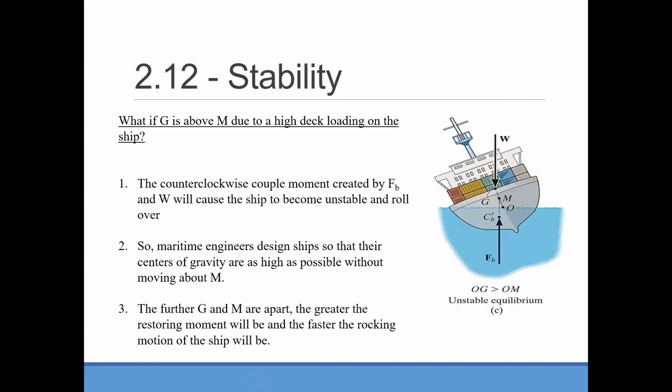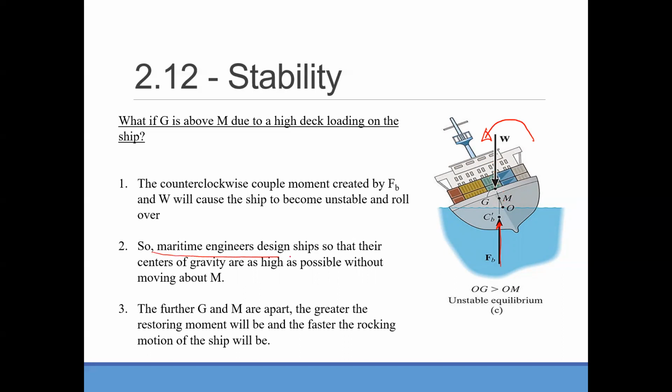Now for some reason, G is above the M point, like when the ship is heavily loaded, G can be higher than M. In that case, we have F, E, and W. They will make a counterclockwise moment and make it more unstable.